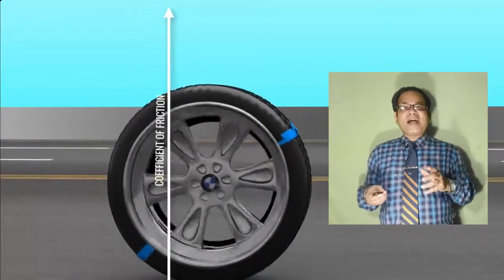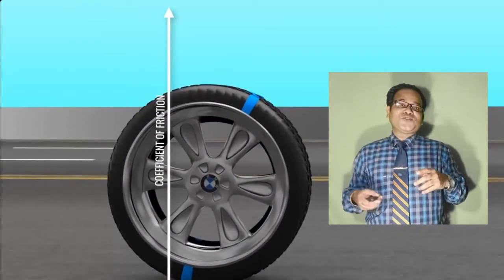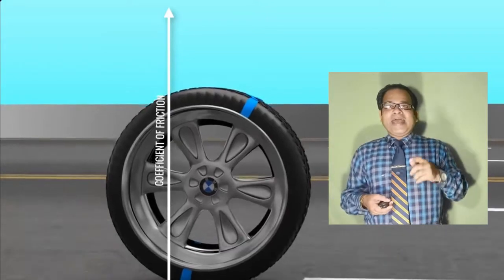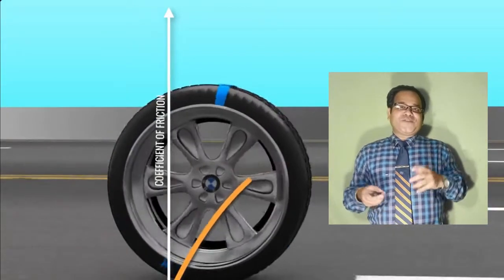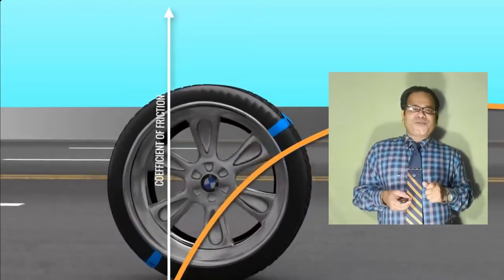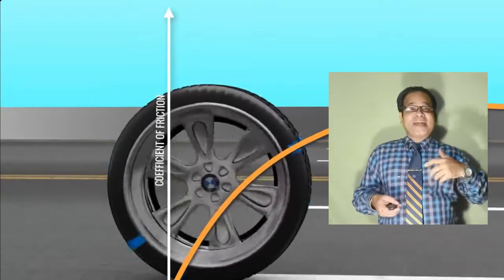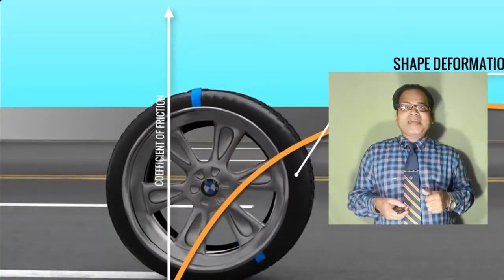First, we need to understand how the coefficient of friction between the tire and the road varies with respect to the slip. In a perfect rolling condition, the value of the frictional coefficient is near zero. However, when the wheel is in a 100% slipping condition, the sliding friction comes into play.